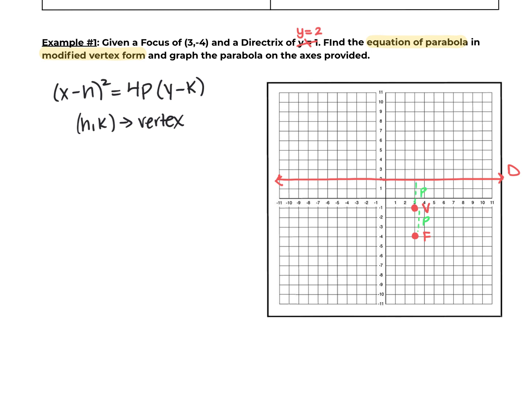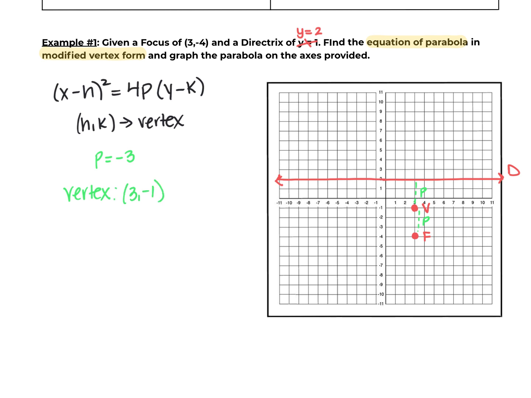But since we're going to have a parabola that opens downward, we must make p negative. So our p-value is −3. We just found our vertex, looking at this point here, (3, −1).